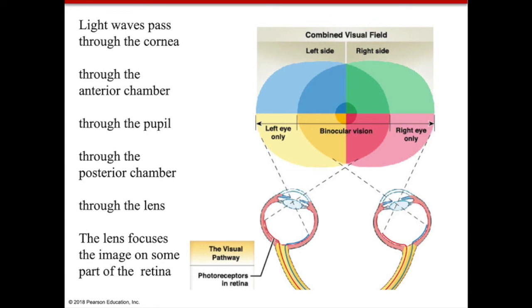Reversed and inverted. So the right side flips to the left of a picture, and the left flips to the right, and the up flips to the bottom, and the bottom flips to the top. What happens is that each eyeball is capturing simultaneously something of that visual field and something of the opposite visual field.